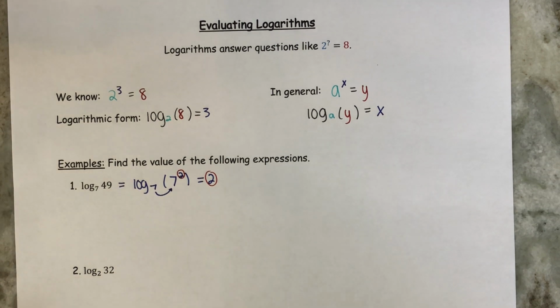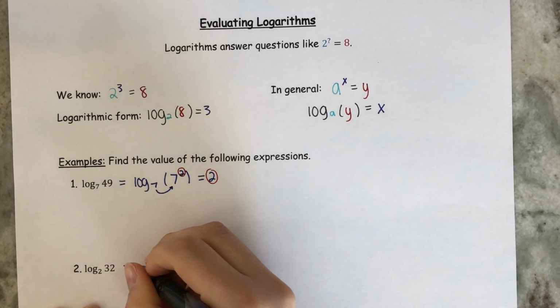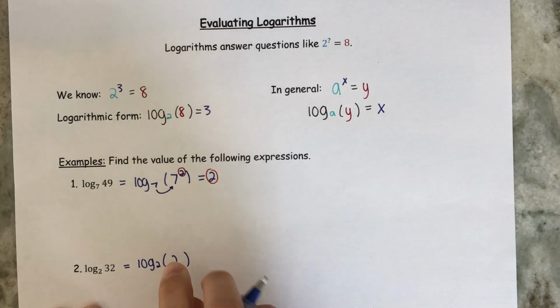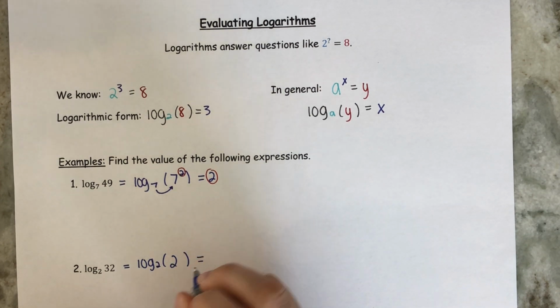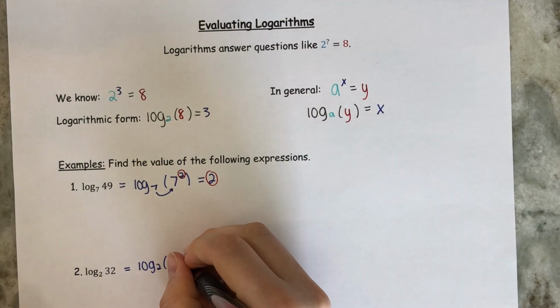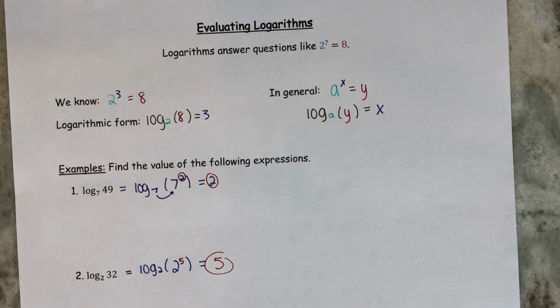So if I did this for log base 2 of 32, my base is 2, so I'm writing log base 2 of 2 to some power. So to get 2 to be equal to 32, I'm taking it to the power of 5. So my answer is 5.